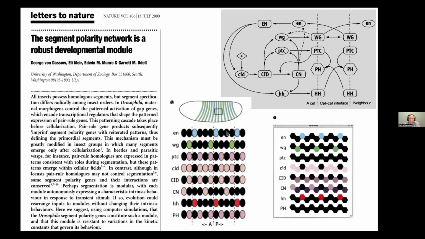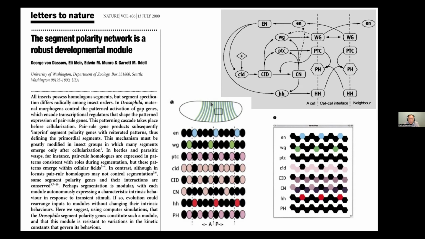So in this case, they represent each cell with the signaling network, which includes a number of genes you might have heard of, such as hedgehog, engrailed, patched, etc. These are the genes that form this network, and this network is the same in all the cells.